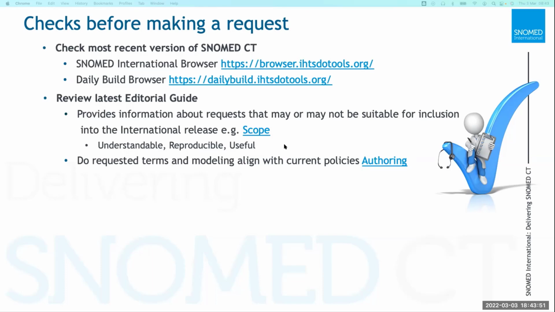SNOMED International publish an editorial guide for every 6-month release, so any changes are updated within there. And it's worth looking at certain things in there in terms of what would be in international scope and how modeling of the concepts is generally done.